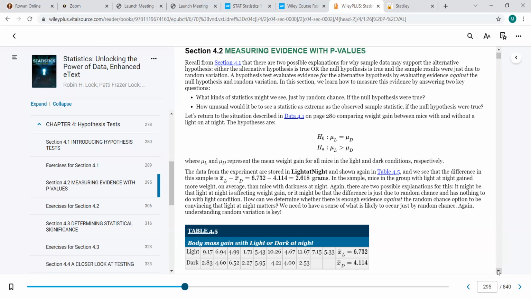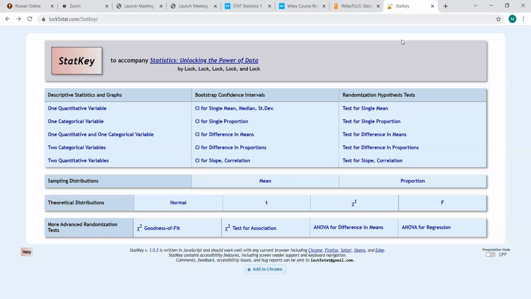Okay, so what we can do is create in StatKey a distribution of samples, and then take a look at how to come up with a way of measuring how different the sample is from the null hypothesis, that there's no difference in the two groups. So I'll go ahead and go to StatKey.